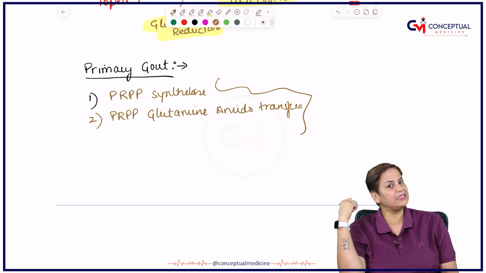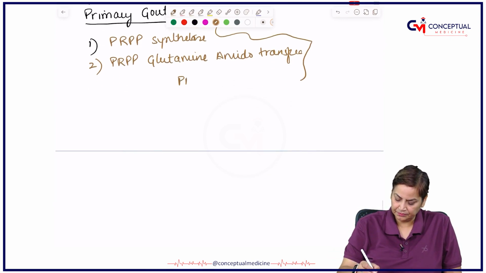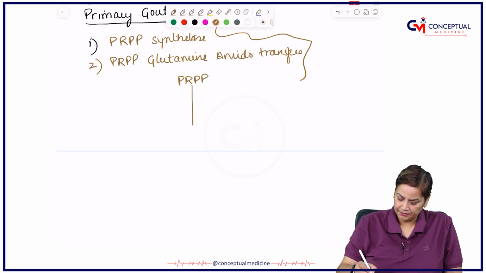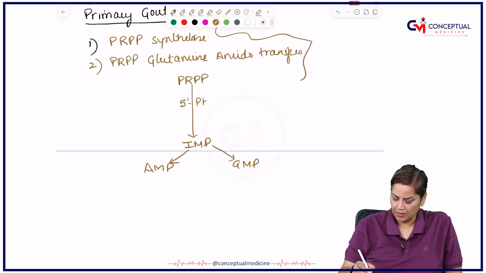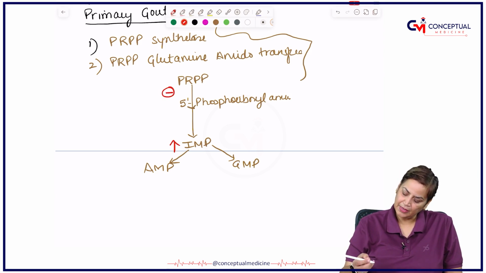When there is increased concentration of IMP, or IMP forming AMP and GMP, and of phosphoribosylamine, it will inhibit this enzyme.